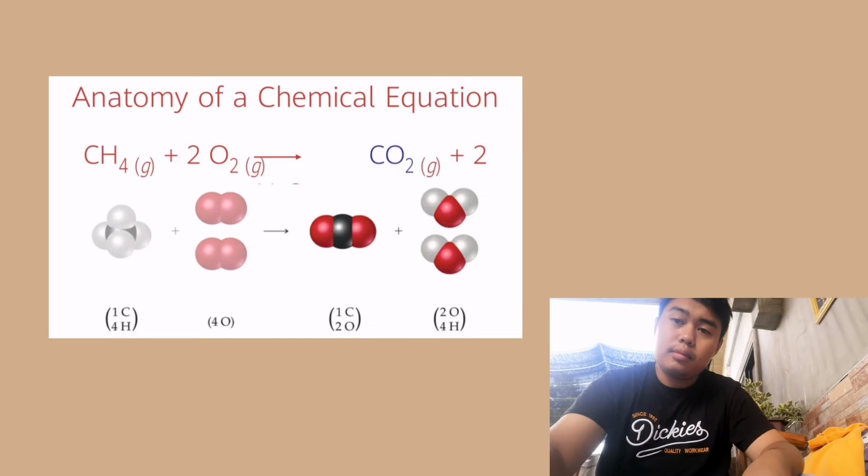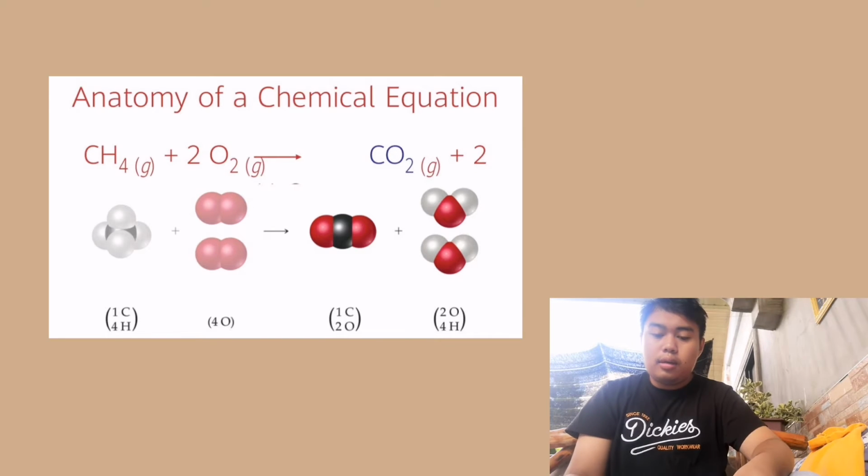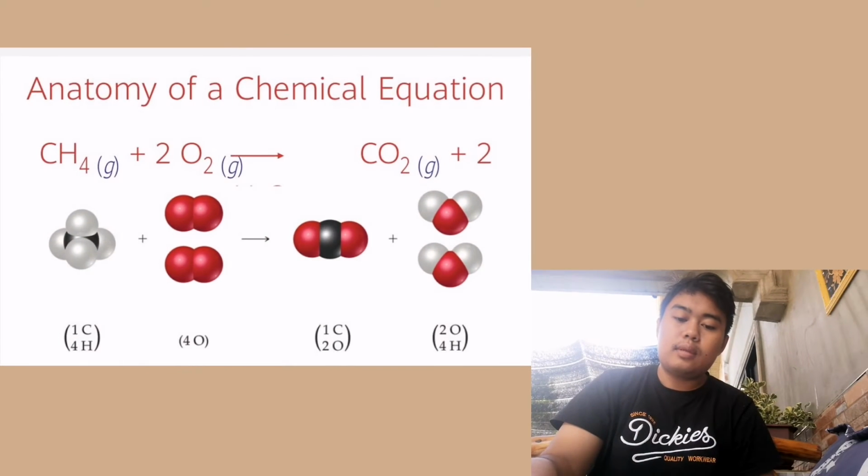Reactants. Reactants appear on the left side of the equation. Anatomy of a chemical equation.